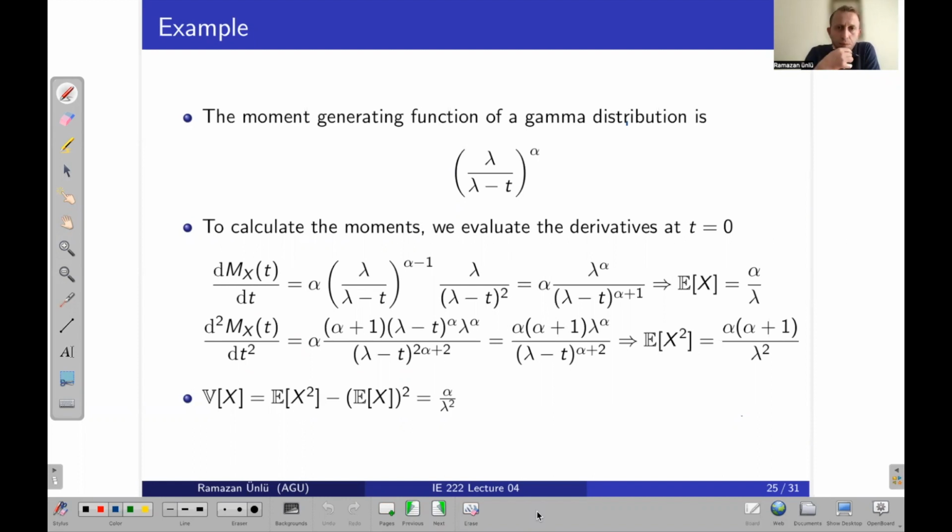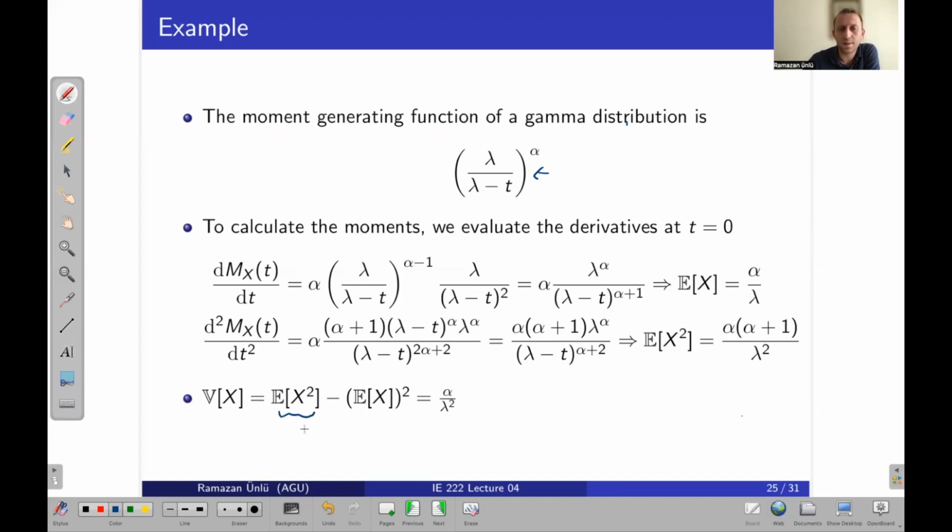Now we know that the moment generating function of a gamma distribution is this one. We just saw that in the previous part, and let's see how we can use that one. Imagine that we are asked to calculate the variance of the gamma distribution, which is equal to the expected value of x squared minus the expected value of x, squared.